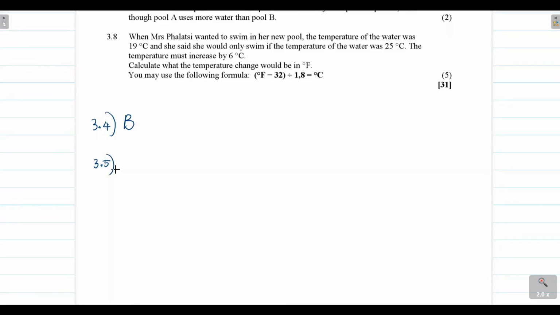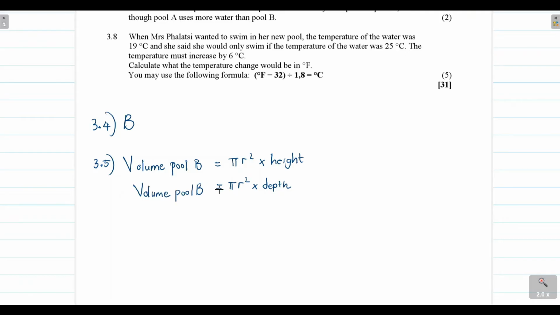If you got question 3.4 correct, we know that the volume of pool B is equal to pi r squared multiplied by the height, or you can say multiplied by depth. So you can even write it as pi r squared multiplied by the depth. That is also correct.